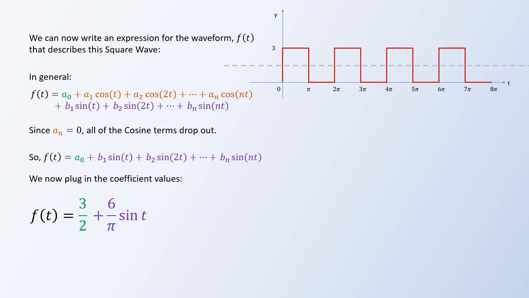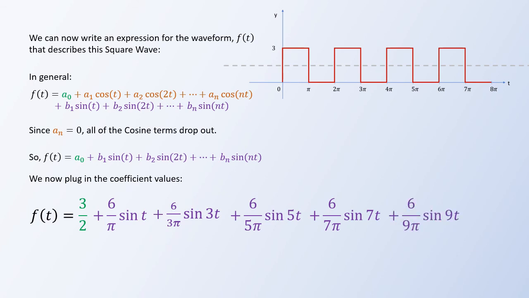Remember, these are all the odd terms. So next, since that was 1, we'll see 3. So 6 over 3 pi times the sine of 3t plus 6 over 5 pi sine of 5t, 6 over 7 pi times the sine of 7t, we add that in, plus 6 over 9 pi times the sine of 9t, and so forth as far as you want to take it.